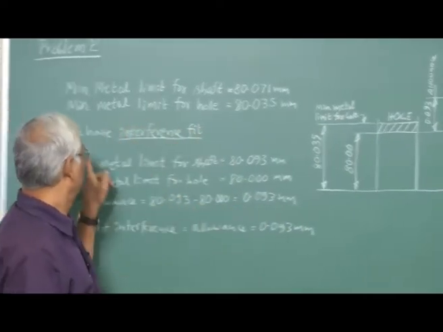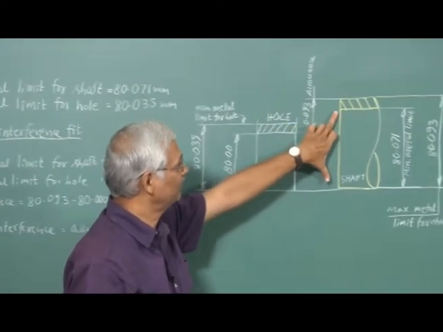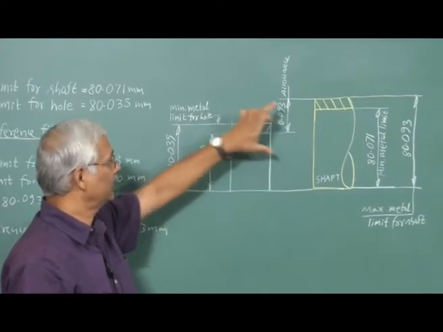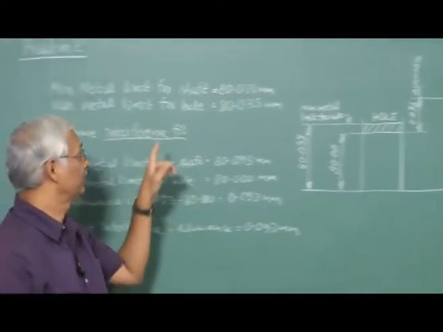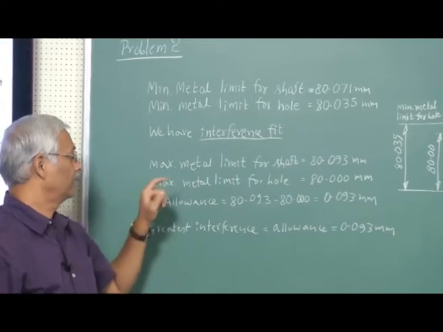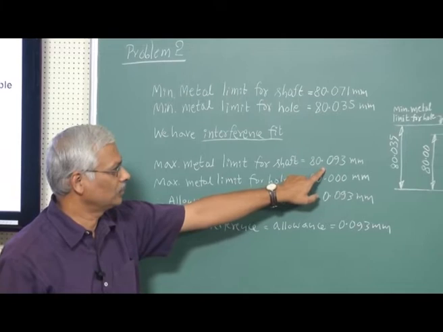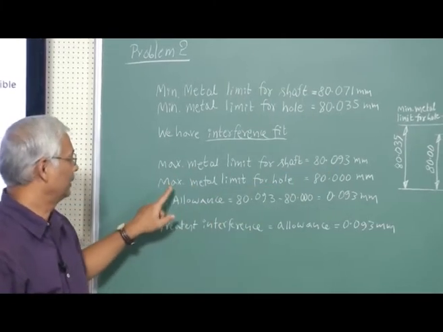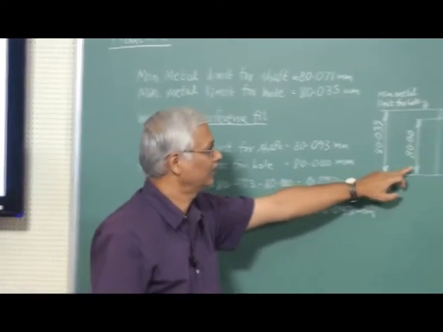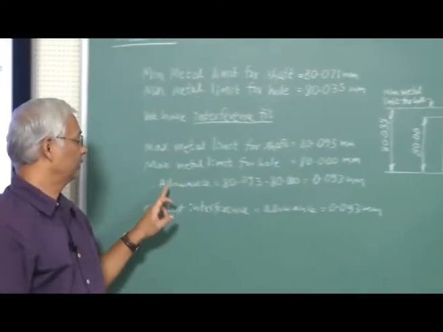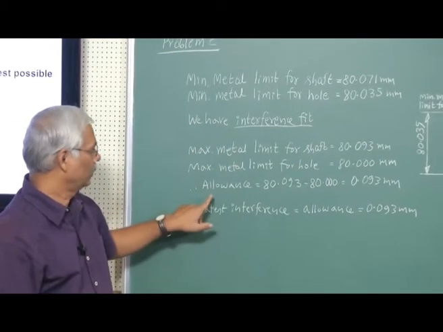Now since the minimum size of the shaft is greater than the maximum size of the hole, we have an interference fit. The maximum metal limit for the shaft is 80.093 millimeter, and the maximum metal limit for the hole is 80 millimeter, and the difference gives the allowance.